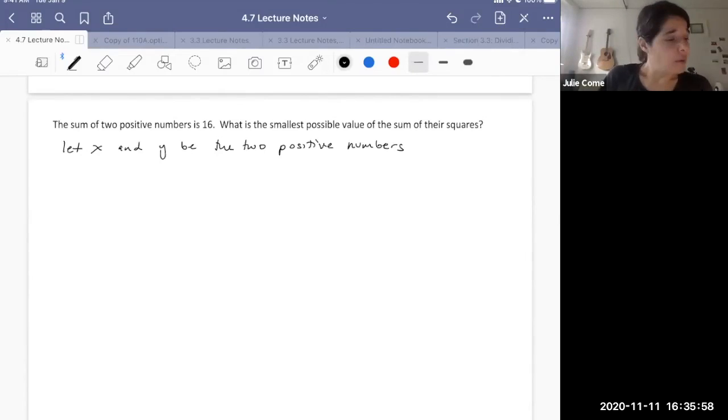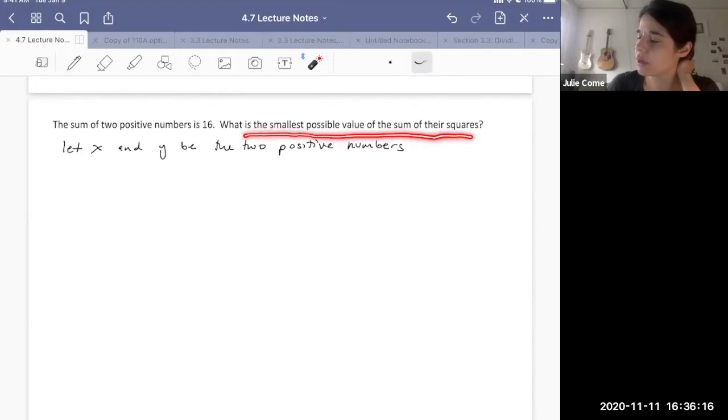All right, so what can we do here? What's our objective function? What are we trying to maximize or minimize? In this case, we're trying to determine the smallest possible value of the sum of their squares.